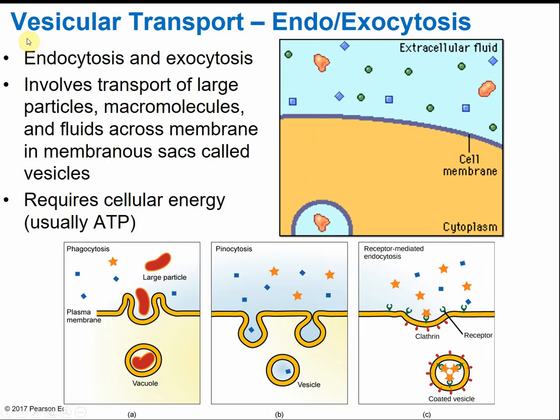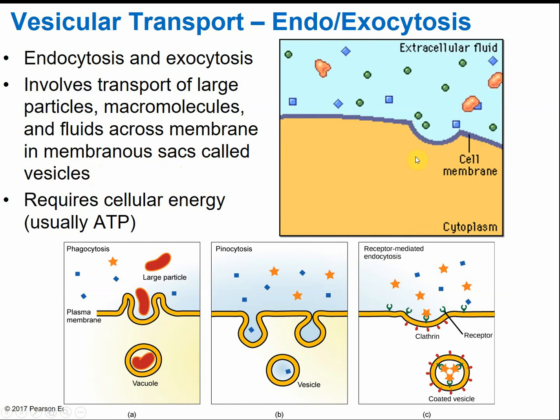Vesicular transport is endocytosis and exocytosis. So we're bringing things inside the cell or we're expelling things outside of the cell. So endocytosis, inside, and then exocytosis, outside. This involves the transport of large particles or molecules and fluids across the membrane and throughout the cell in little membranous sacs called vesicles.